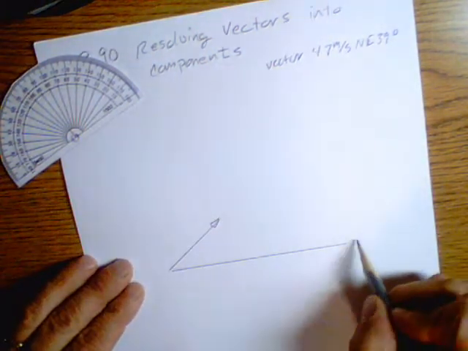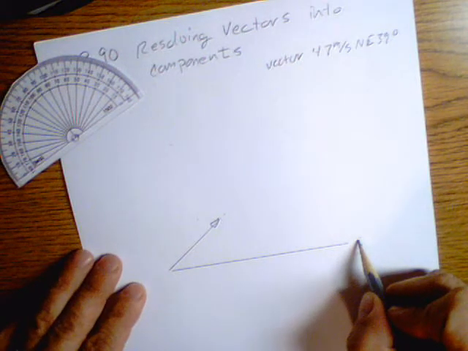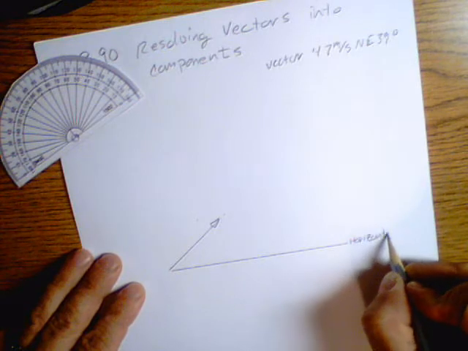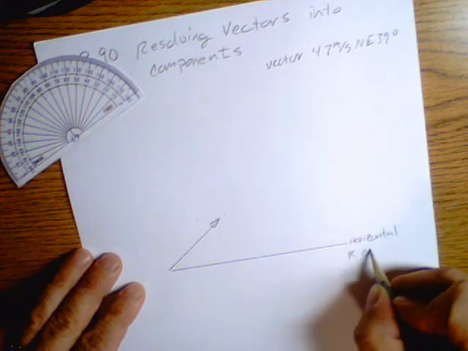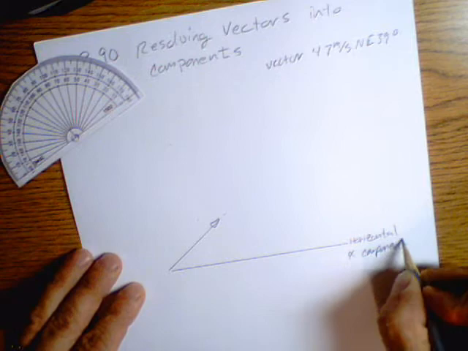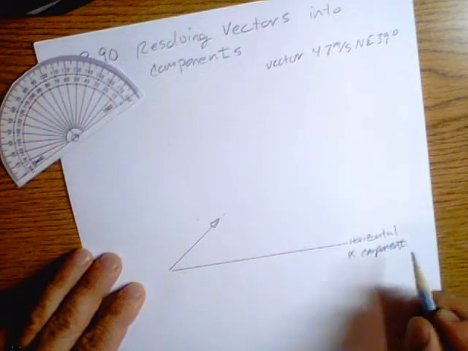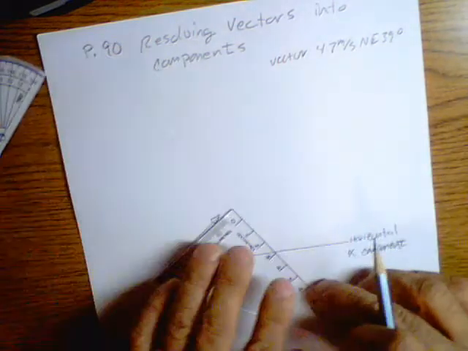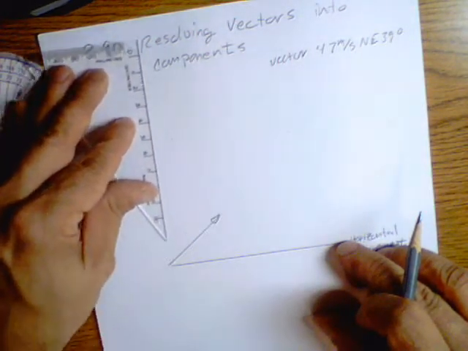Now here is our x component, or horizontal component. So when we say we're resolving it into components, we're resolving it into the x component and the y component. So here would be our y component.